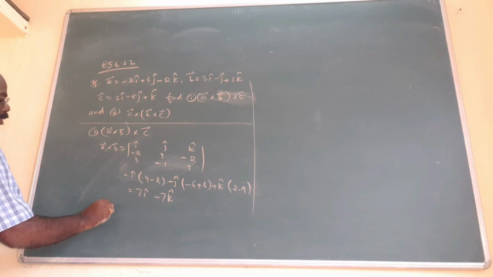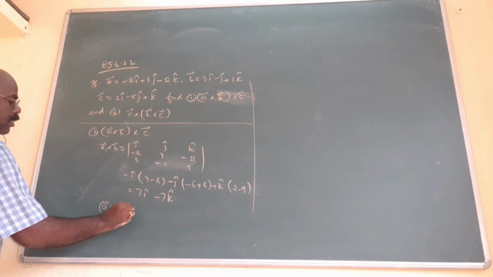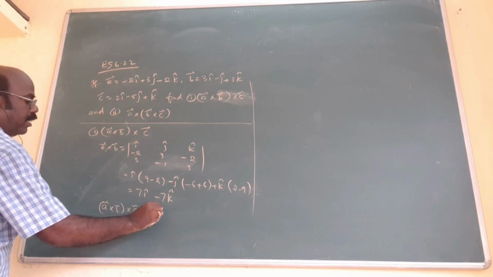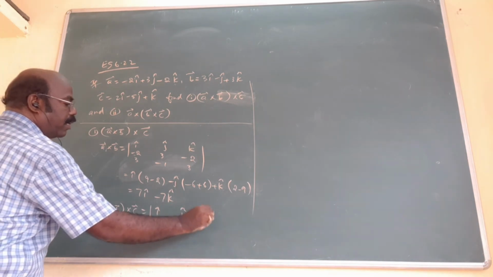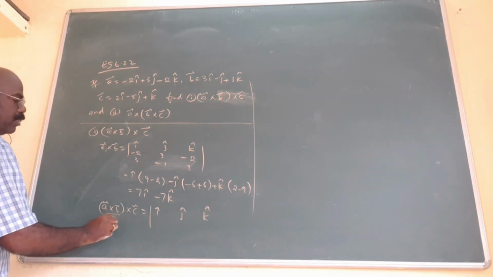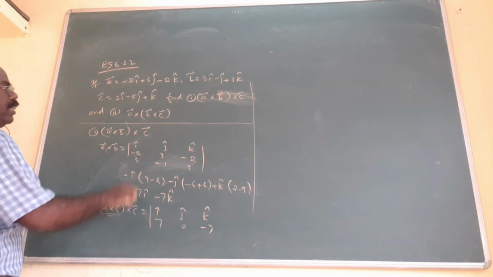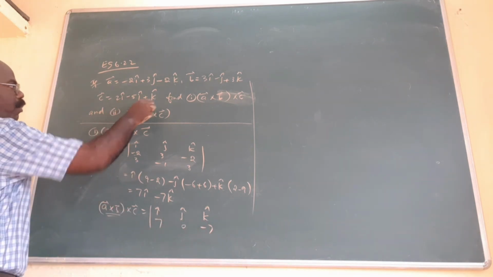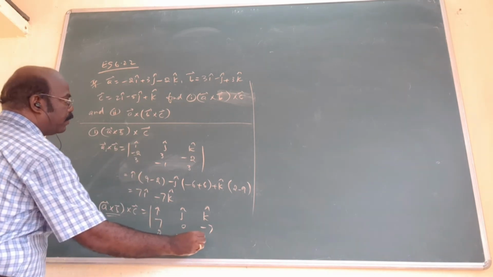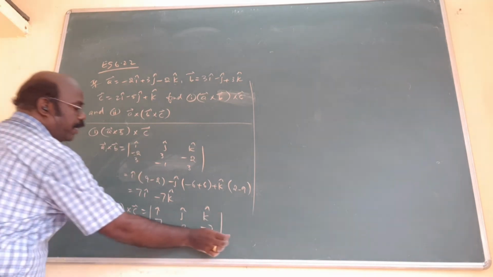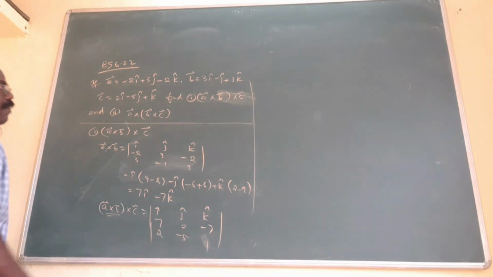Now find (A cross B) cross C. Again i cap, j cap, k cap. The first quantity is A cross B, already found: 7, 0, minus 7. C is already given: 2, minus 5, 1. Minus 1. Am I right? Now next, take the answer.